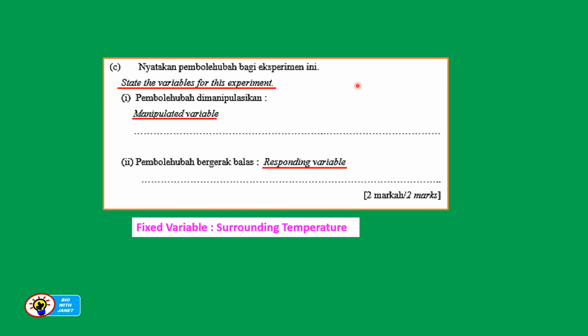Now let's go on to question C. State the variables for this experiment. What is your manipulated variable? In this experiment, we have the iodide ions or iodine molecules and the starch molecules, which are of different sizes. So the manipulated variable is the size of the molecules. The responding variable is the ability to diffuse through the whisking tubing. Which one can diffuse through the whisking tubing?